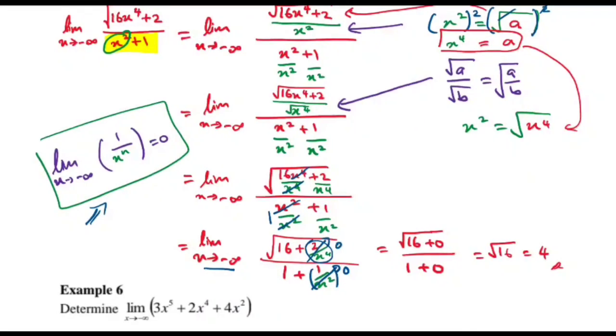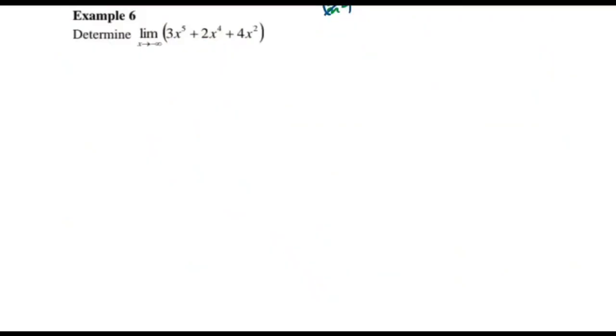Now example 6 is a little bit unique because there is no fraction here. So remember your first step. Try to substitute the value of your x into the function. You will get negative infinity power 5 plus negative infinity power 4 plus negative infinity power 2. Now you are not sure which one is bigger.